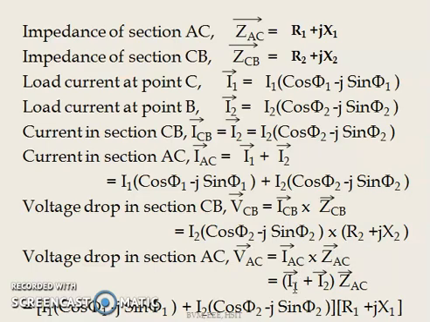IAC is I1 plus I2, multiplied by ZAC. So you can write it as I1 cos phi 1 minus j sin phi 1 plus I2 cos phi 2 minus j sin phi 2, multiplied by R1 plus jX1. This is the voltage drop in section AC.